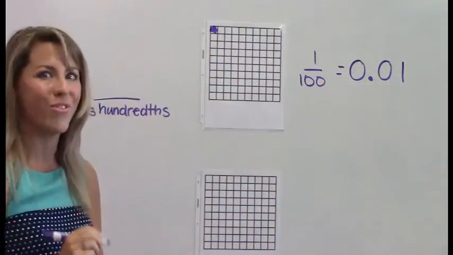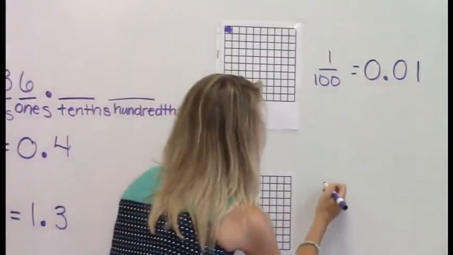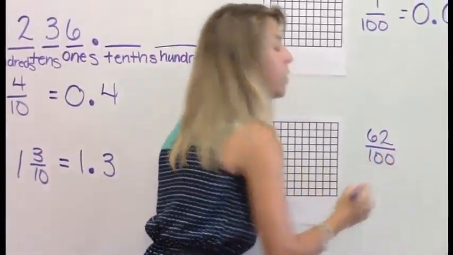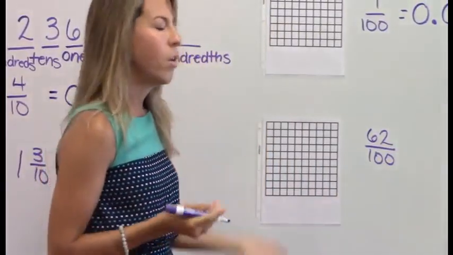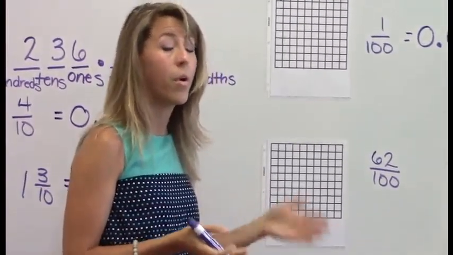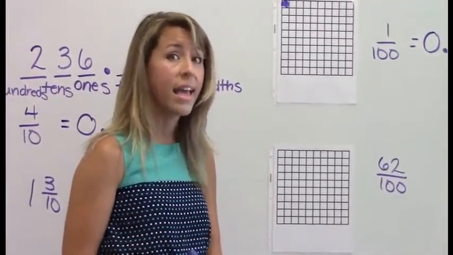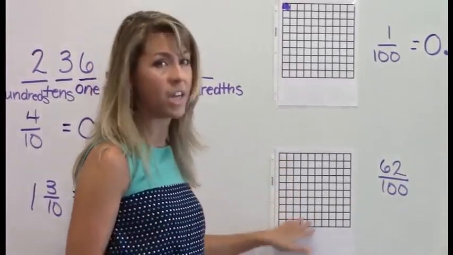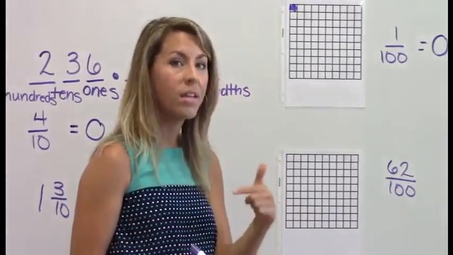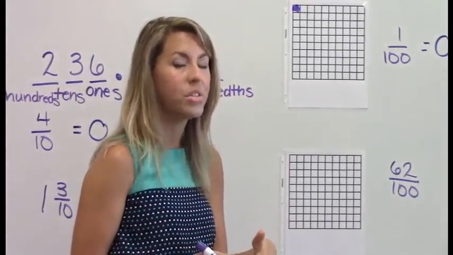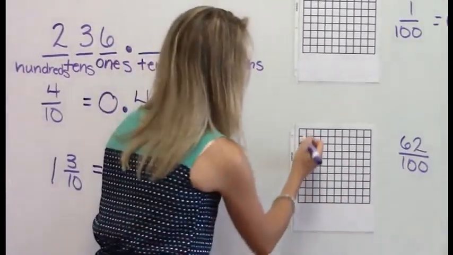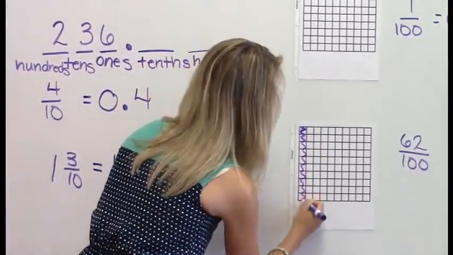Let's try just one more value. If I give you a value like 62/100ths, we would first need to represent this using a visual. Now, our students can count out 62 actual 100ths, or they can realize that 1/10 is equal to 10 100ths, and choose to represent this by shading in 10 100ths at a time.